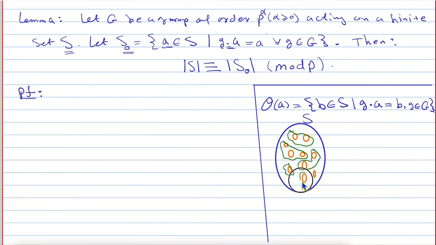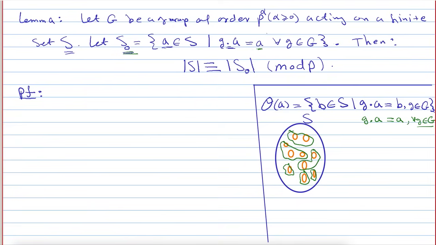This is specifically the case where g dot A always equals A, for all little g in the group G. But this is nothing else than our subset S naught, because by definition S naught is all elements A where the action applied gives again the same element.